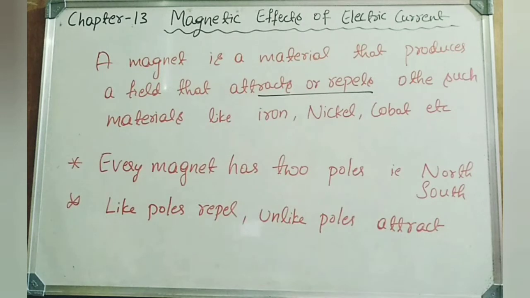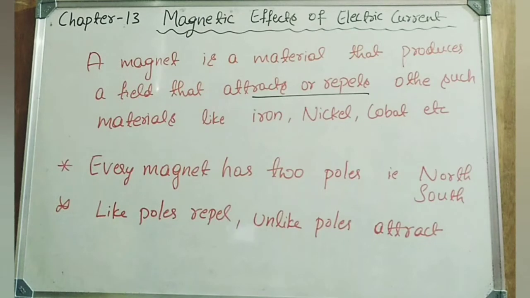And we know that, similar to charges, like poles repel each other and unlike poles attract each other. One more property of a magnet is that a freely suspended bar magnet aligns itself in the north-south direction. Try to collect more information about magnets.